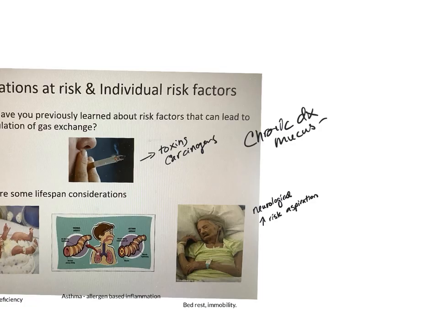So higher risk for gas exchange issues there. Also, if somebody has chronic obstructive pulmonary disease, maybe from exposure to smoking, or maybe their job, they worked in a factory, over time they have that decreased function, right? And then also our patients with heart failure are going to have gas exchange issues.